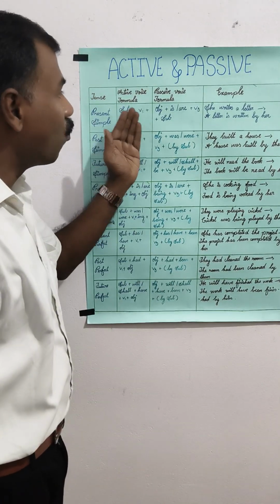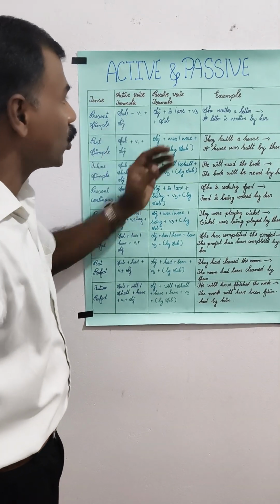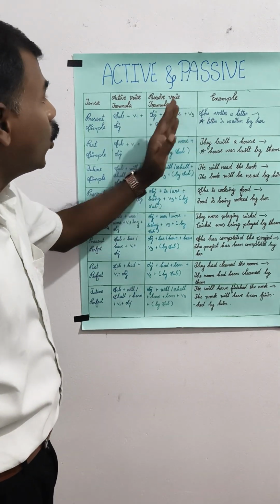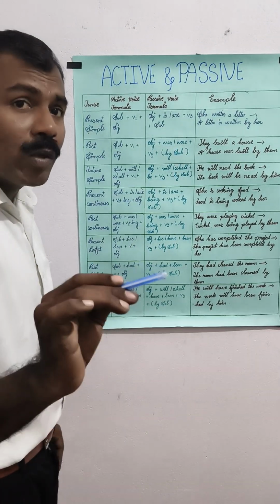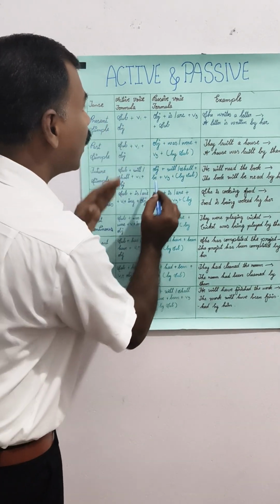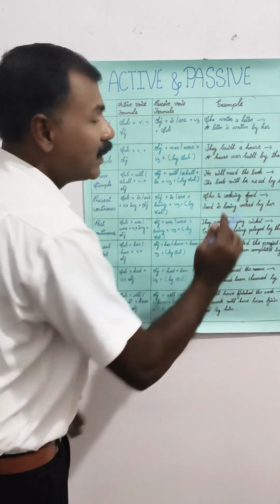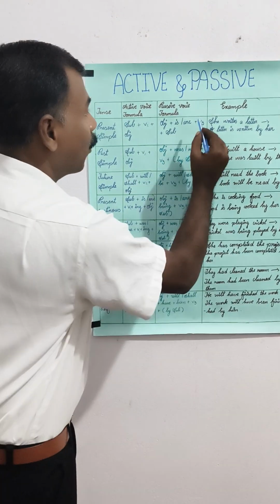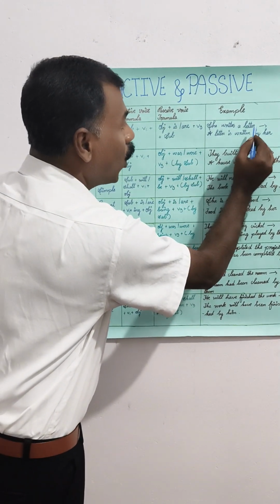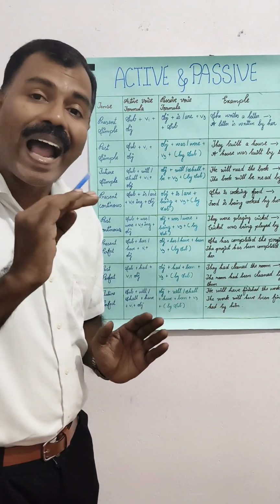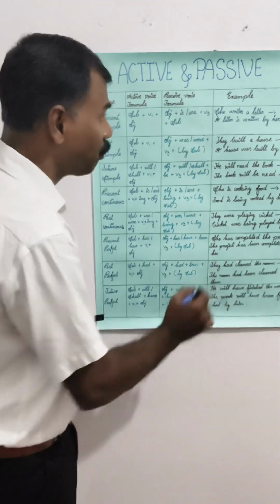While using the verb, we have to use the V1 form. She writes a letter. Now we want to change it into passive voice. When we change active voice into passive voice, we just do a cross. That means the object changes into the subject. That only happens when we change active voice into passive voice.